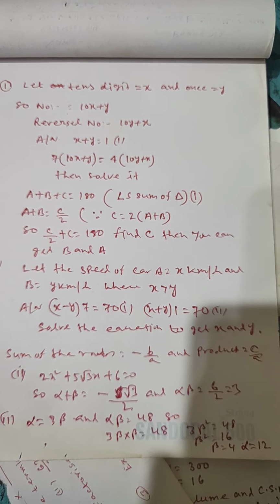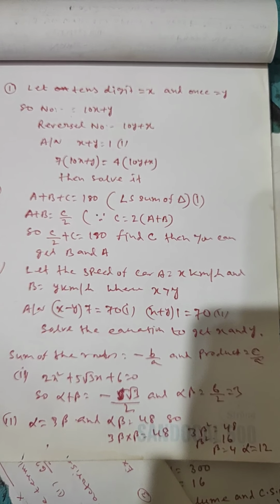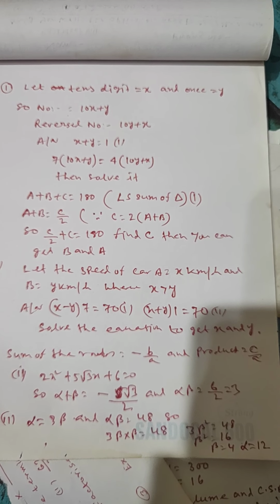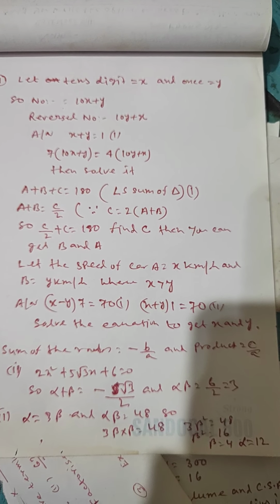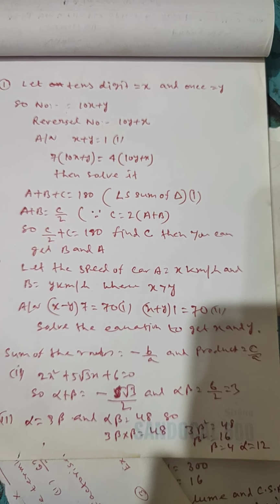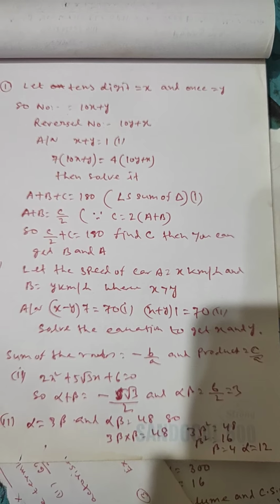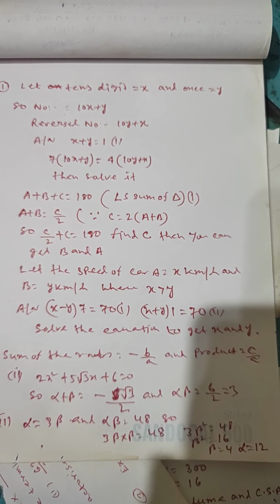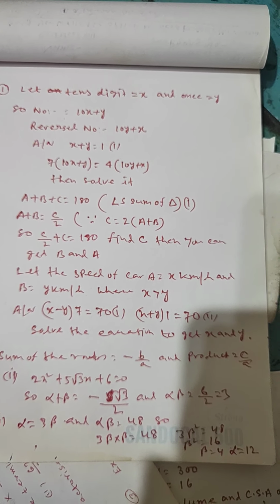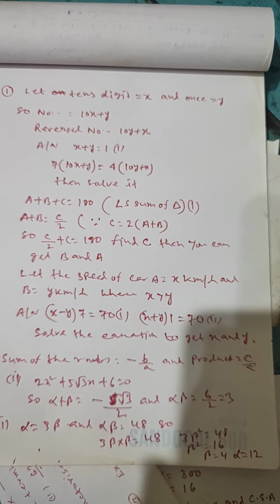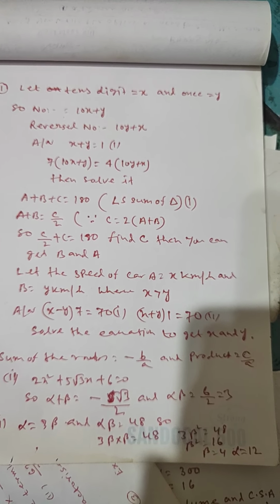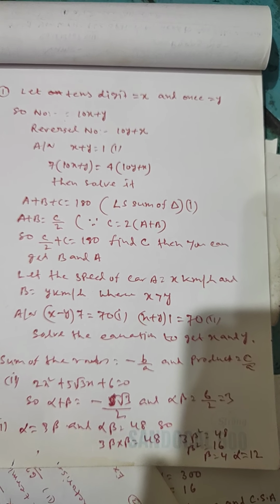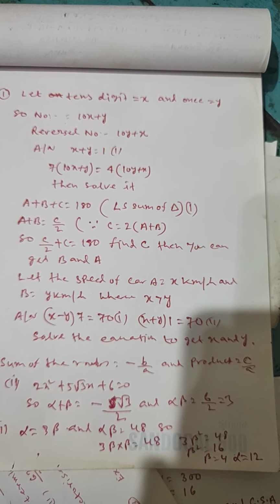Let the speed of car A be x km per hour and of B be y km per hour, where x is greater than y. According to the question, they are running in the same direction. I told you in the same direction relative speed is the difference of their speeds. So x minus y, and in this case it has taken 7 hours.